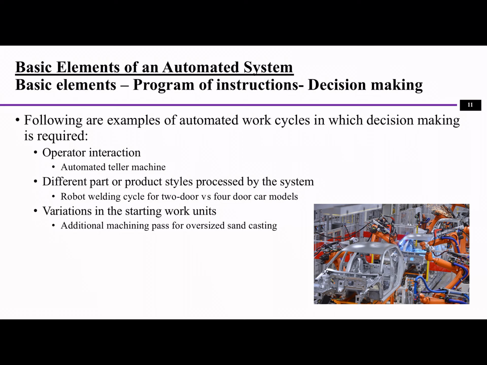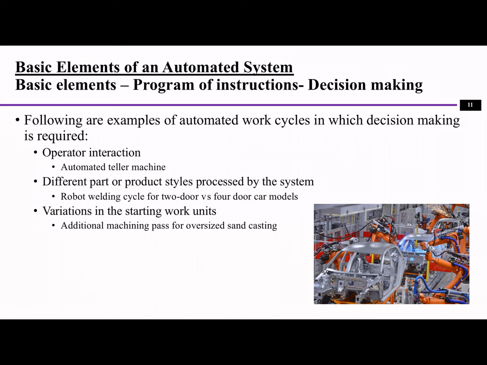So that covers the different part or product styles processed by the system. Also, some decisions will be made at the starting work units, where we look at the starting material.